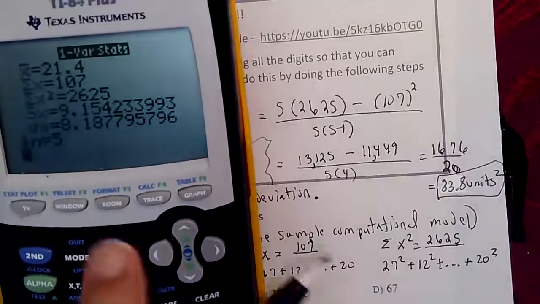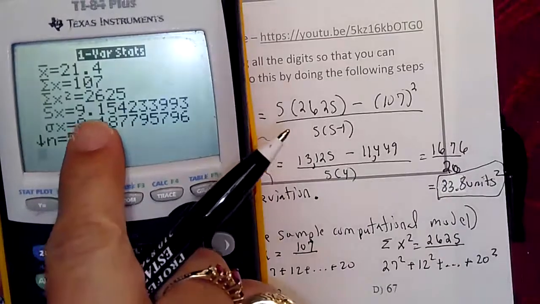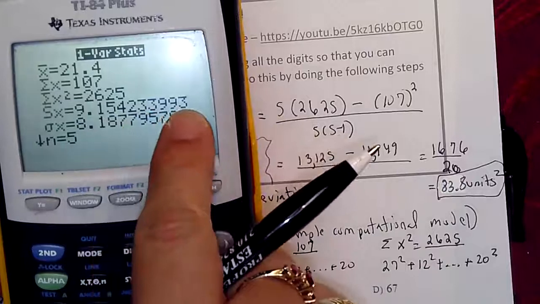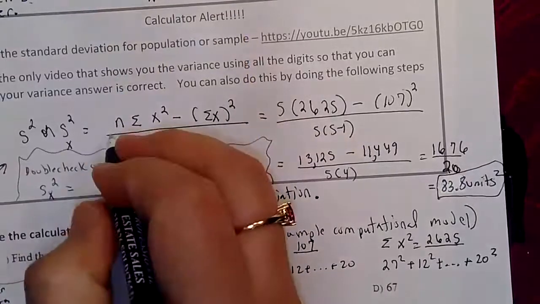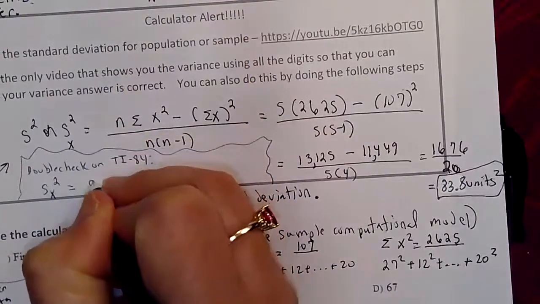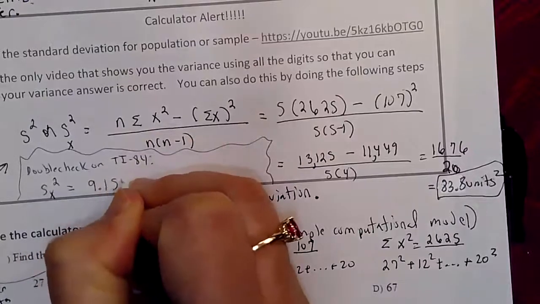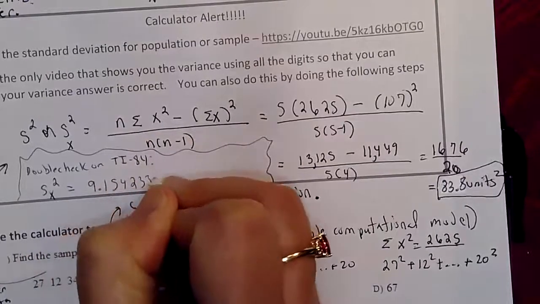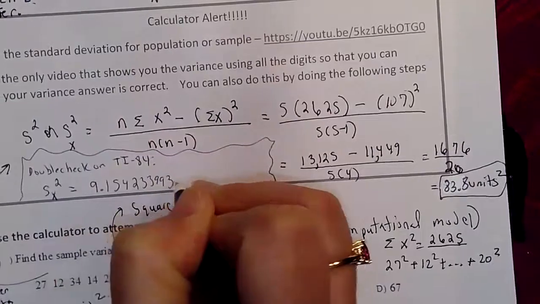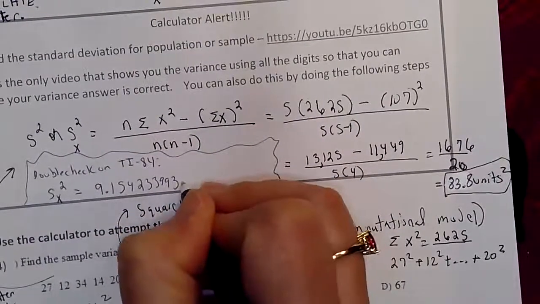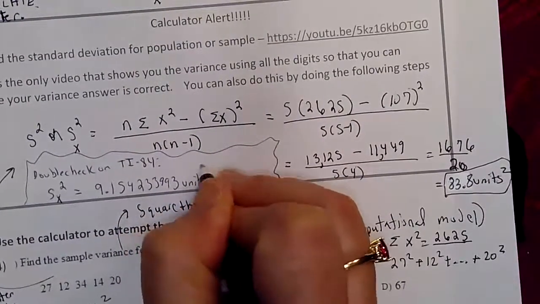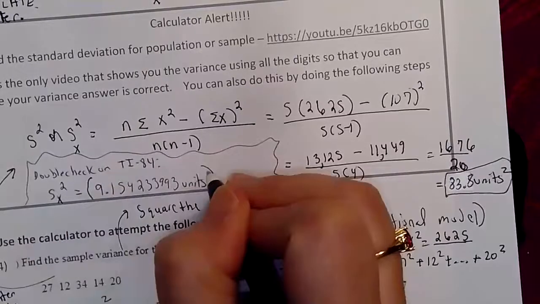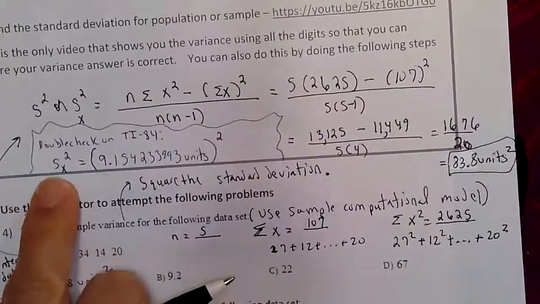Okay, so it looks like it's 9.15. So I'm going to write all that down. There's going to be units quantity squared. So that's why I have this S of x quantity squared.